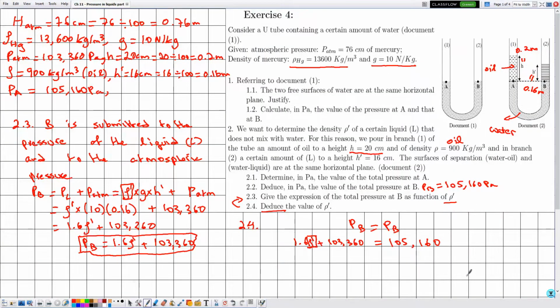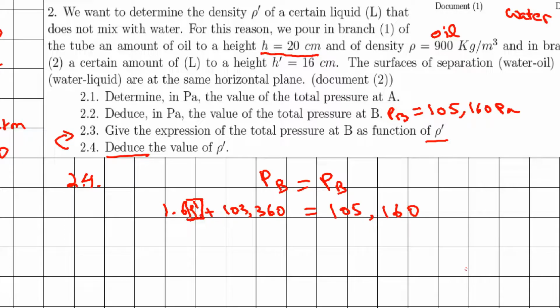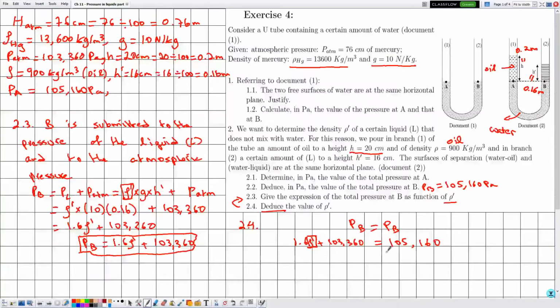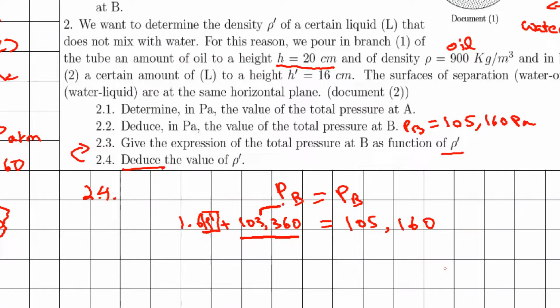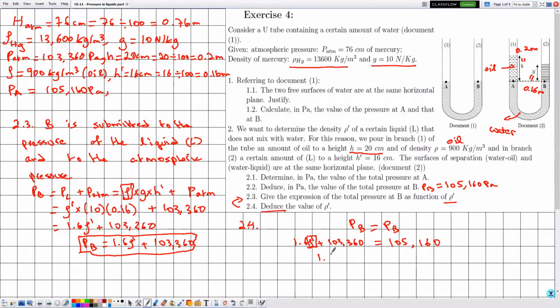So how do we solve this equation? We put rho prime on one side and all the other numbers on the other side. So now dragging this number to the right hand side, it will gain a minus sign. Then 1.6 rho prime is given by 105,160 minus 103,360.